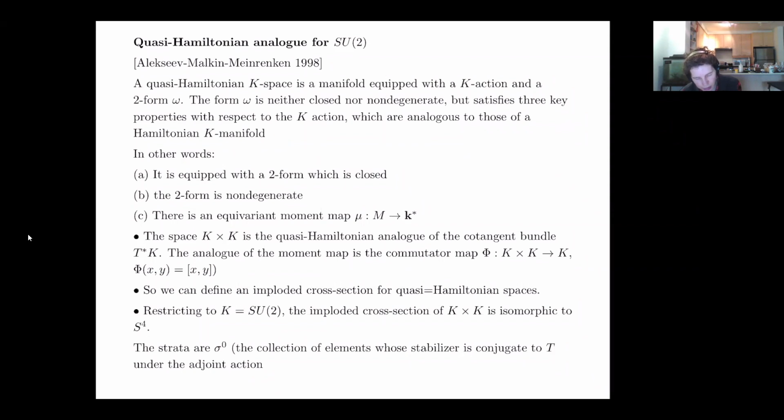So for a Hamiltonian K space, you would require that the 2-form is closed and non-degenerate, and that there is a moment map. Those 3 properties have analogs in the setting of quasi-Hamiltonian spaces.